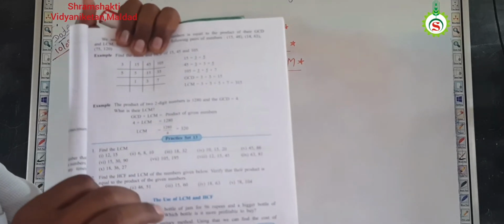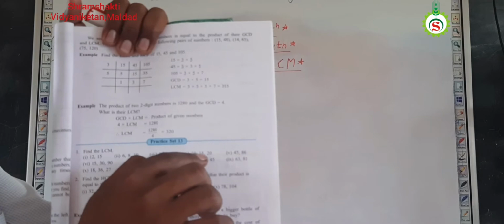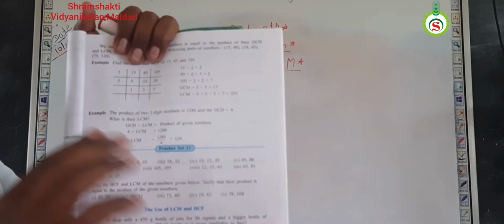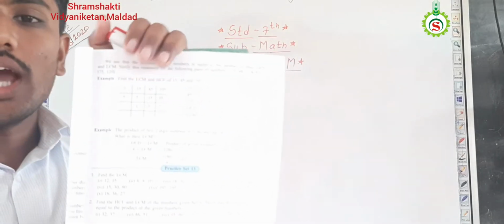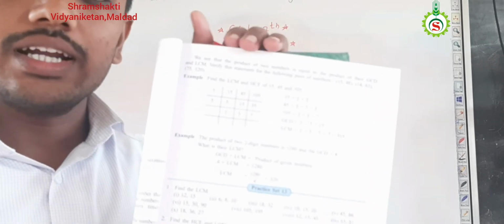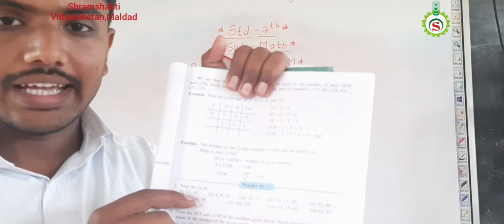And how many numbers are there? In the first example 2 numbers, then 3 numbers, 2 numbers, again 3, 2, 3, 2, 3, 2, 3 numbers. That means you have to find the LCM of 2 numbers and 3 numbers. Now I think all of you are able to find the LCM of these examples.